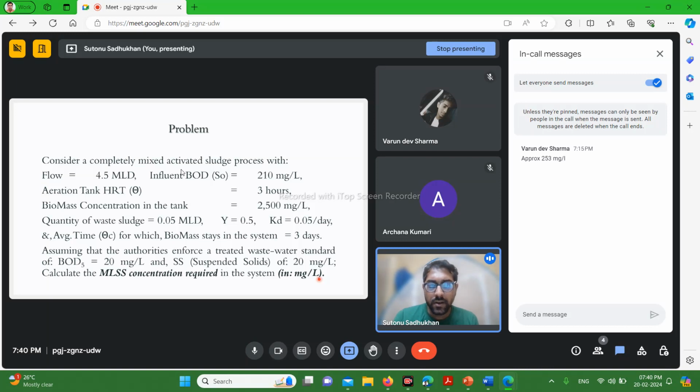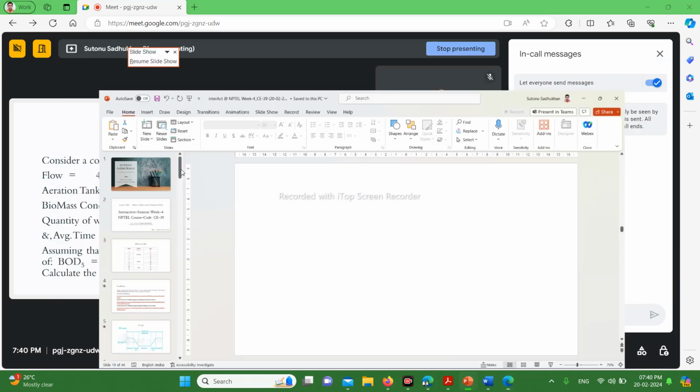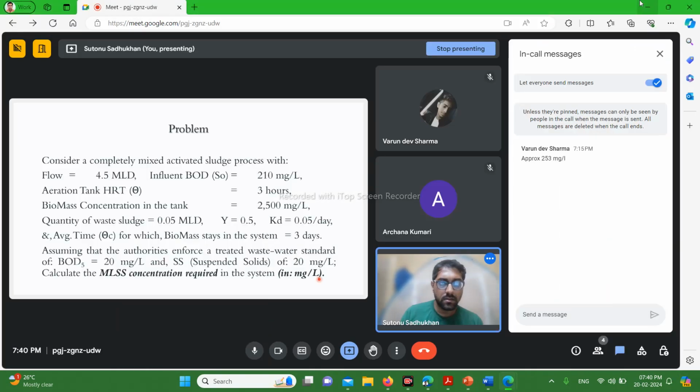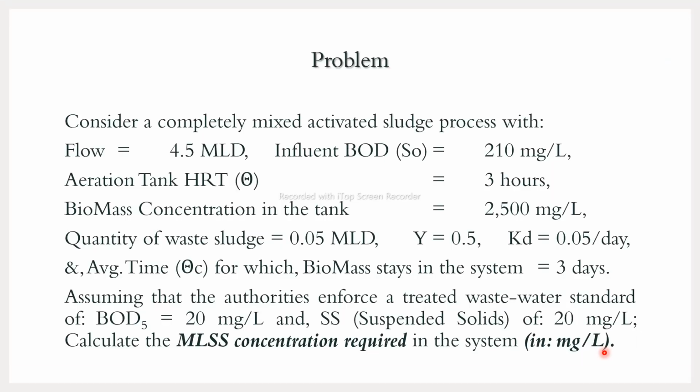So here also you have to do a mass balance, right? I'll give you a hint. So you can see, as I told you, this is the influent BOD, 210 milligram per liter. You have to bring down the BOD up to this level.